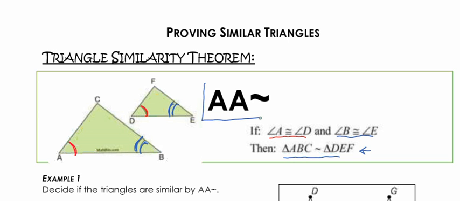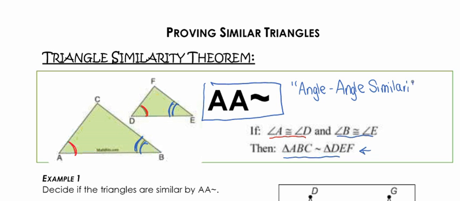The symbols that we use to represent AA similarity really mean angle-angle similarity. But in its very simplest form, we're really looking for two pairs of congruent angles. That's the check.